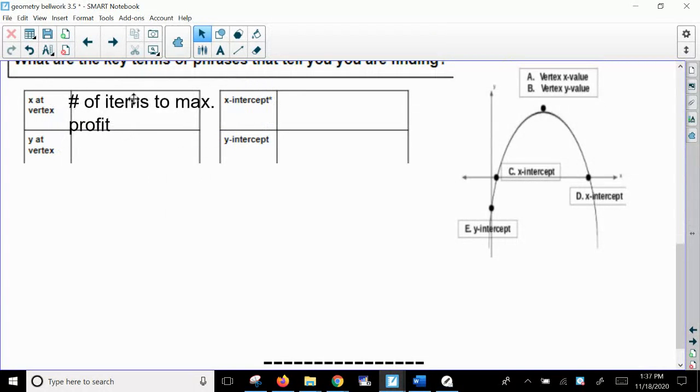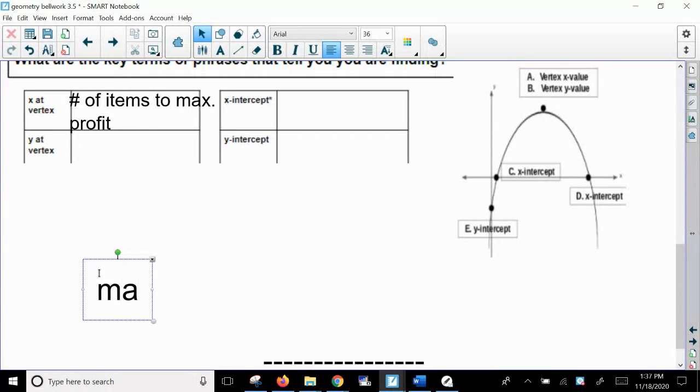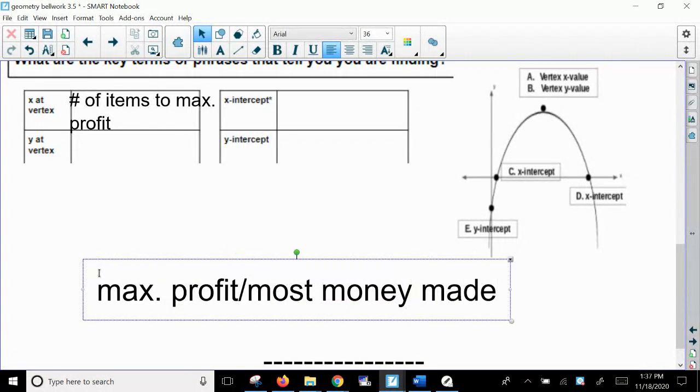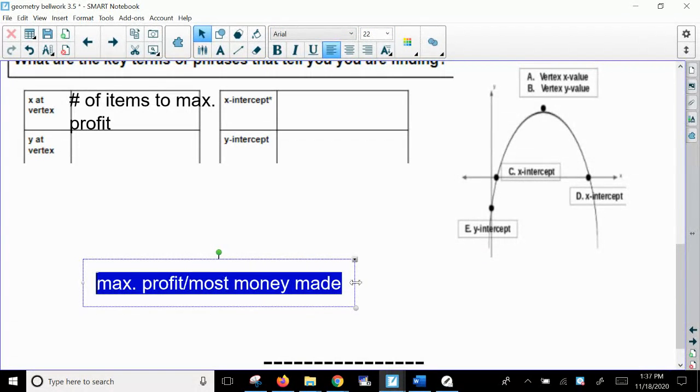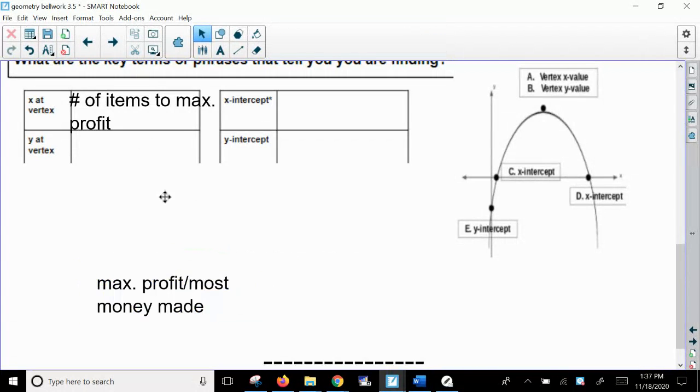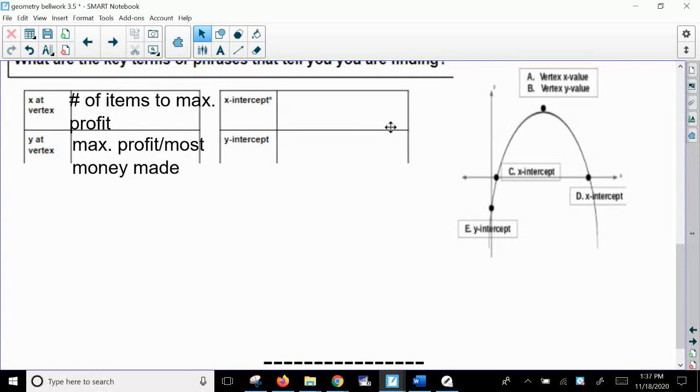Now when it's Y at the vertex, that's your max profit or most money made. So that's your Y at the vertex. Remember, X is number of items and Y is money made. Make that fit. Your X-intercept.